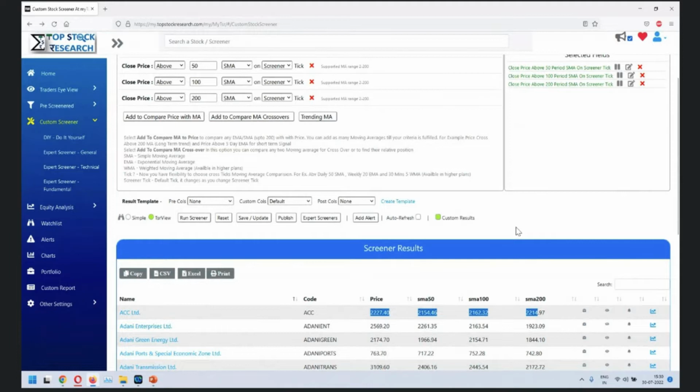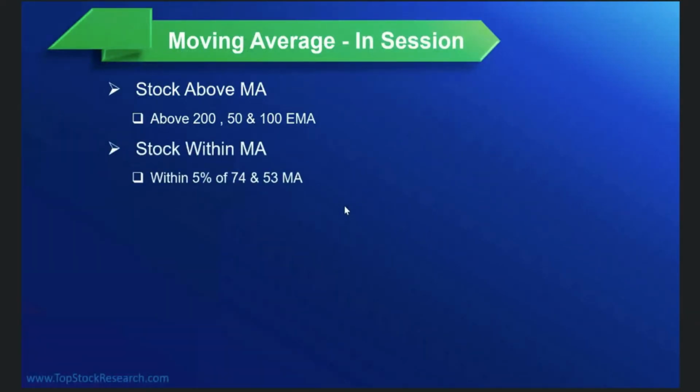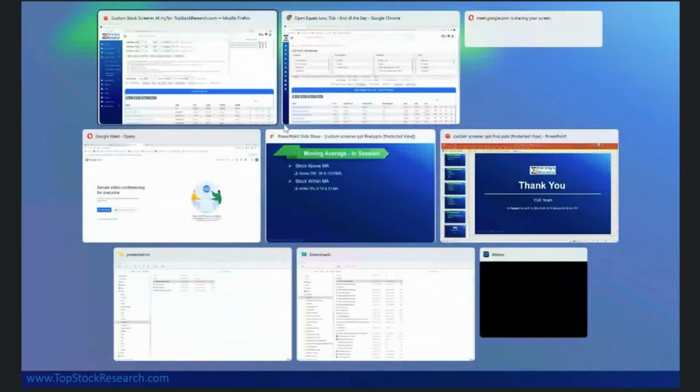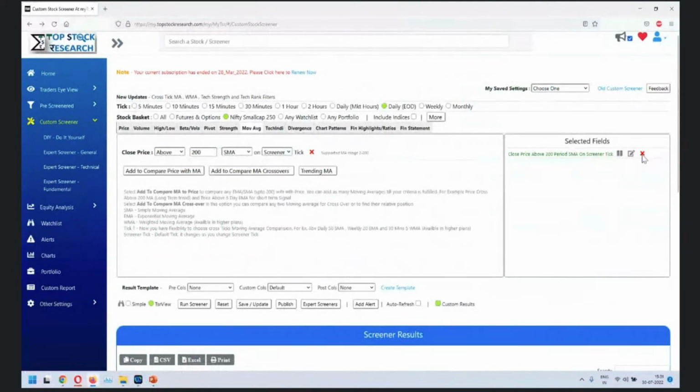So that is strategy number one on moving average. Strategy number two: price within 5% of the 74 and 53 MA. So you can close from here or you can close from here.